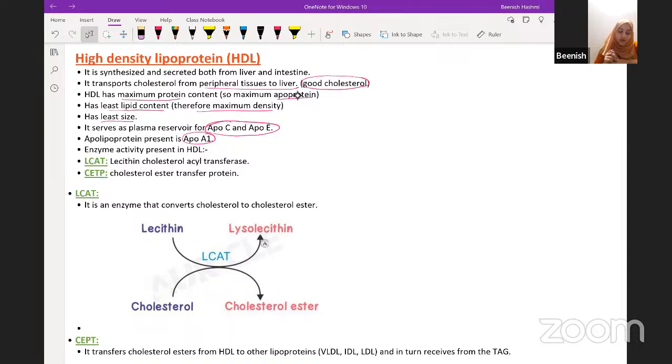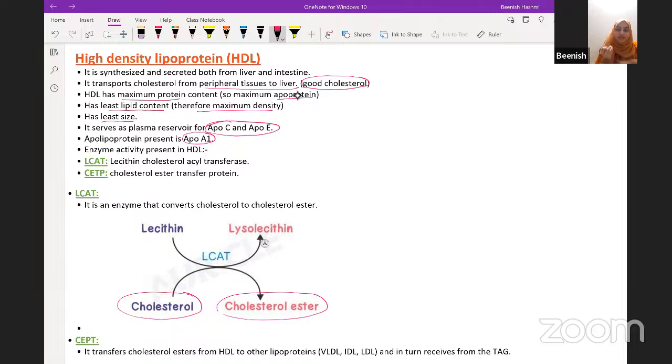Talking about lecithin cholesterol acyl transferase first, it is involved in the conversion of cholesterol to cholesterol ester. So your LCAT is converting cholesterol into cholesterol ester. How? We all know that cholesterol will form cholesterol ester when its hydroxyl group forms an ester linkage with a fatty acid. Now, where is this fatty acid coming from?